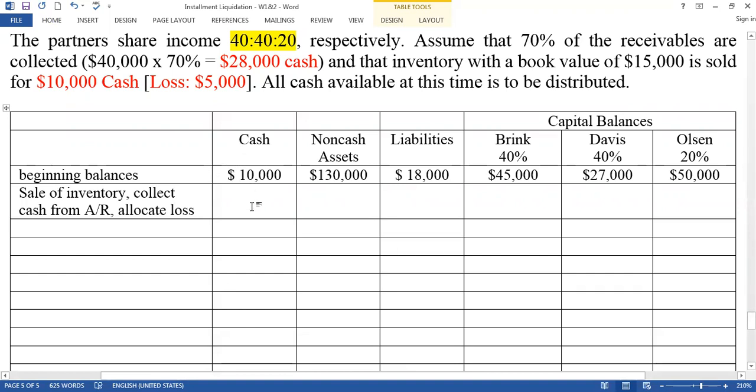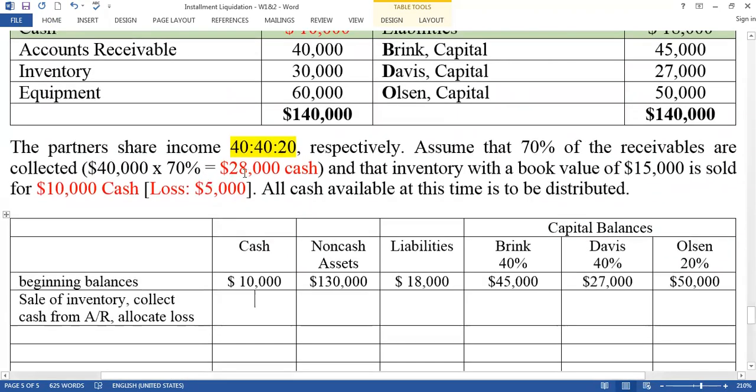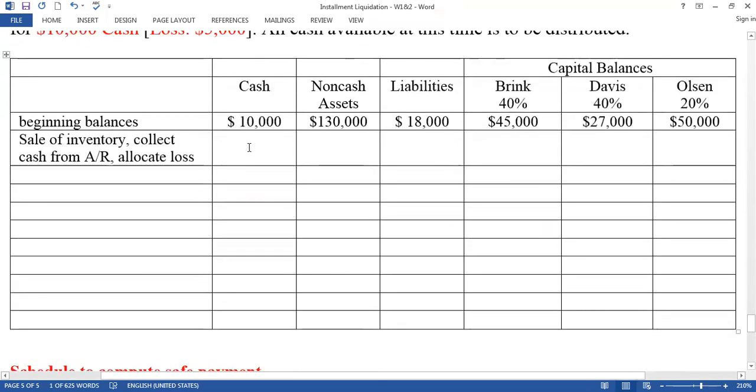So how much cash do we receive now? We receive cash $28,000 from accounts receivable, and we receive cash $10,000 from inventory, right? So $38,000 cash we received. Now, how much asset did we sacrifice?